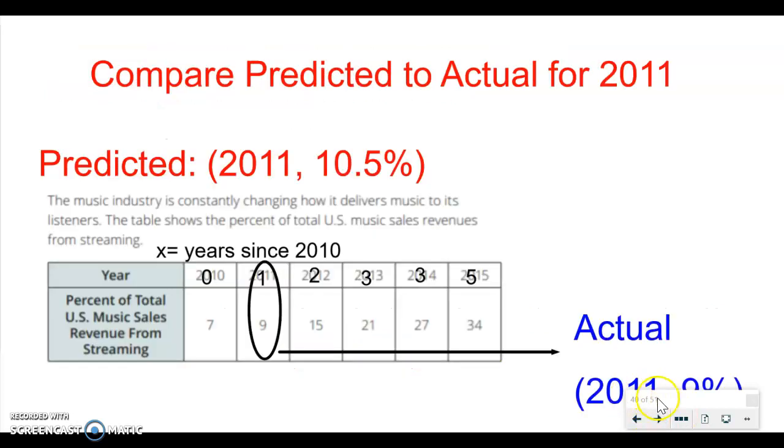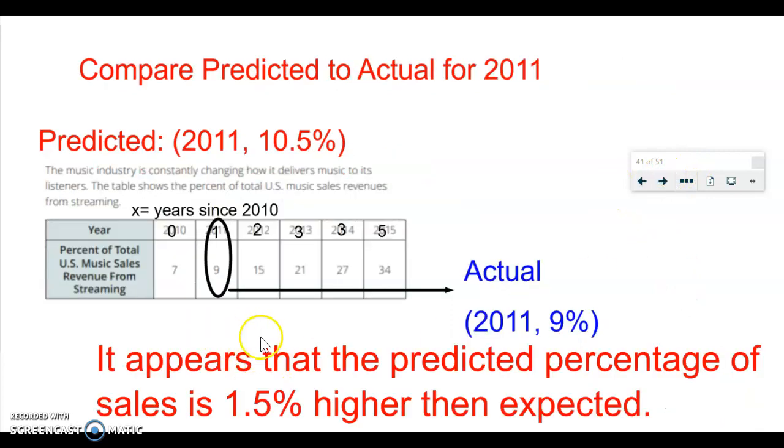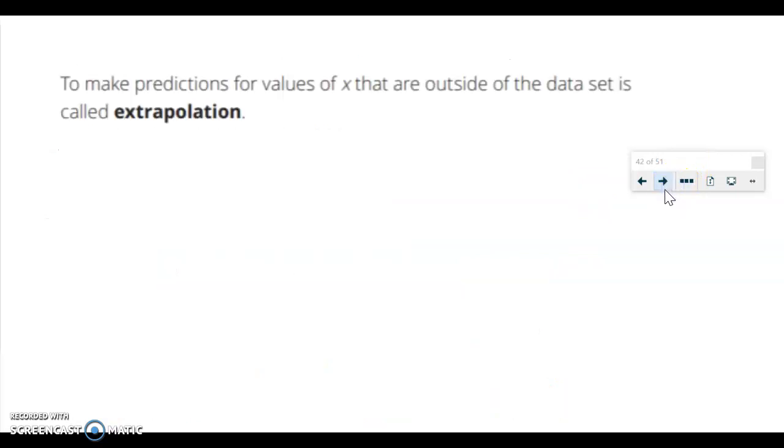How does that compare to the actual, which in 2011 was 9%? It appears that the predicted value, once again, is higher by 1.5% than the actual value.